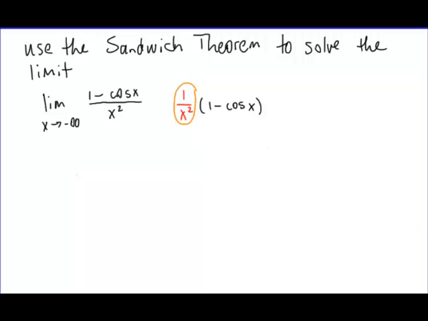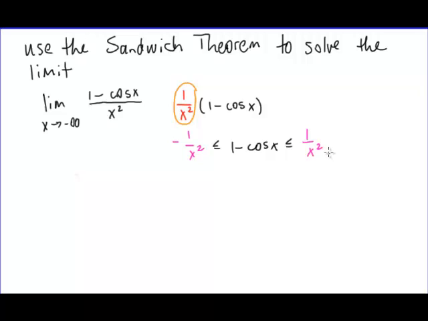If you graph this, you're going to end up with negative 1 over x squared, and that will be less than or equal to 1 minus cosine x, which will be less than or equal to 1 over x squared.